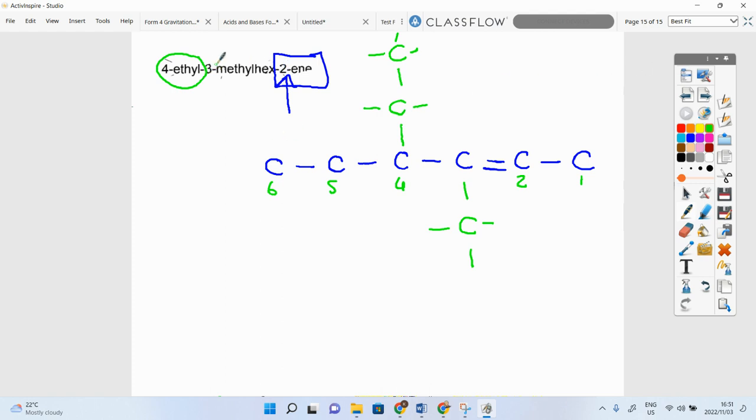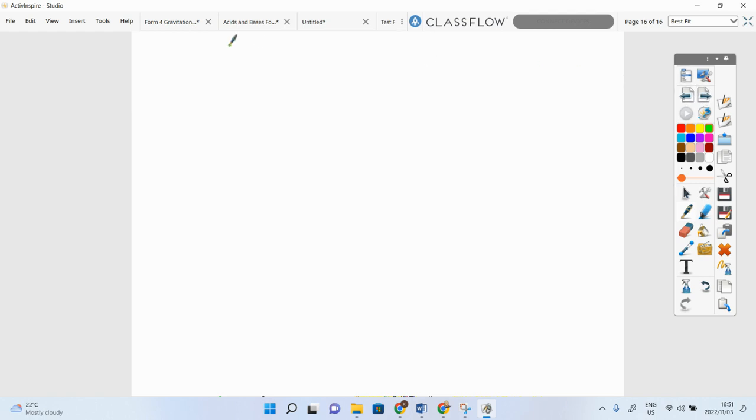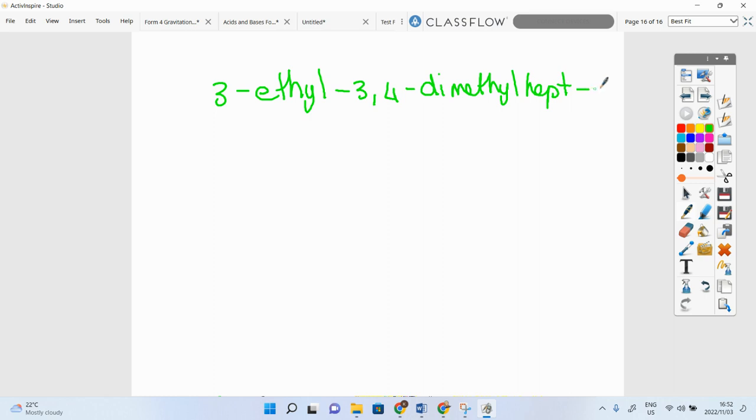If it was 3 comma 3, yes. They could also have given you, let's do one, 2, 3 comma 4 dimethyl. Saying dimethyl, you're just saying that there are 2 single carbons.